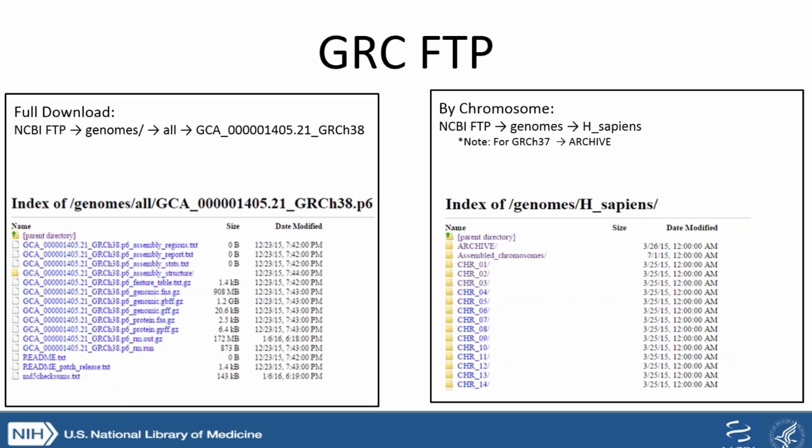If you're going by chromosome, you'll go to /genomes and then into the H_sapiens file. If you want GRCh37, if you click on this archive link right here, that'll bring up past reference sequences, and you can get GRCh37 through that.